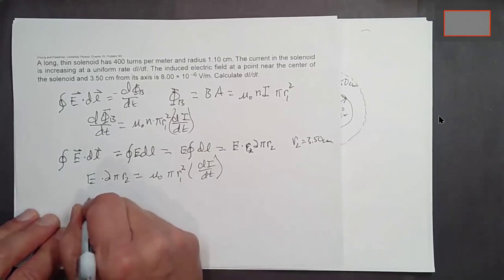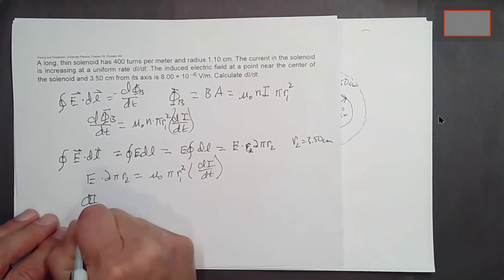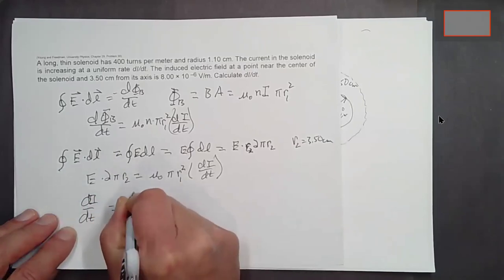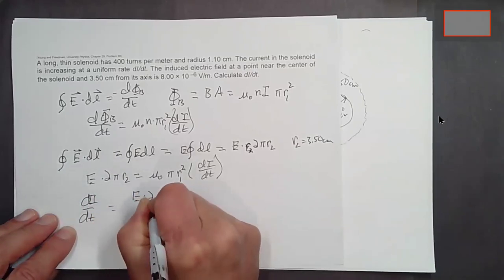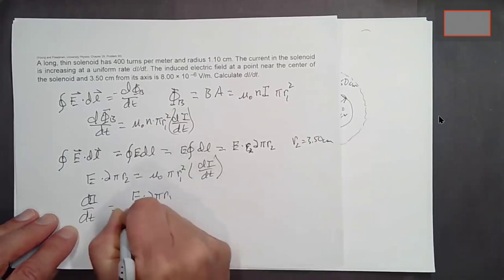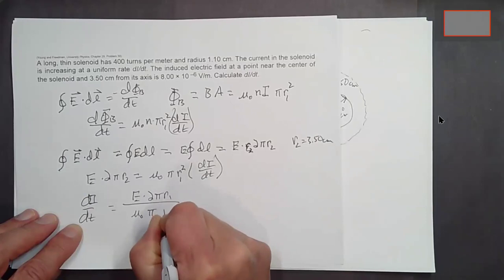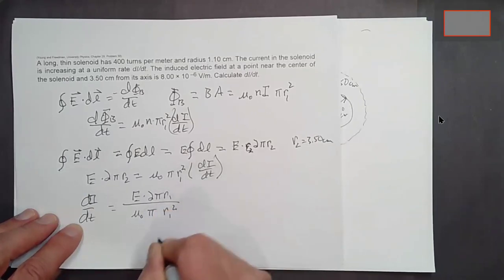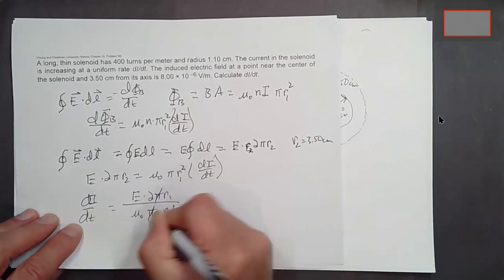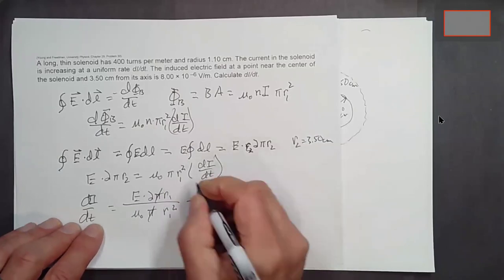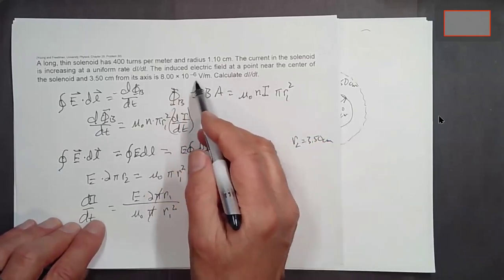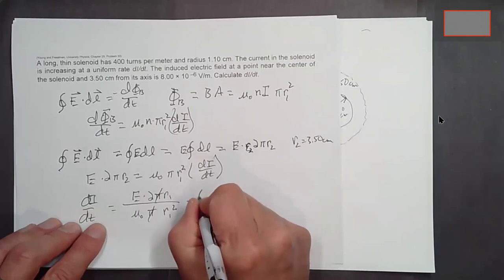Solving for di dt, I will get E times 2 times pi times R2 divided by mu naught pi R1 squared, and those pi's go away. So let's just stick in the numbers here. E is 8 times 10 to the minus 6 volts per meter.